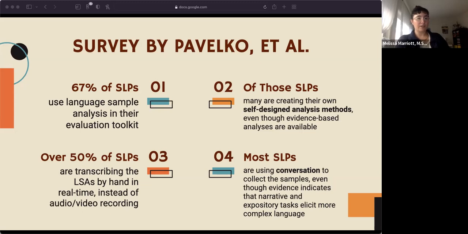And unfortunately, their study found that only two-thirds of SLPs are really even using language sample analysis in a given time frame.